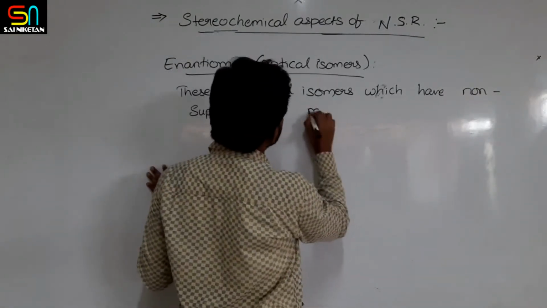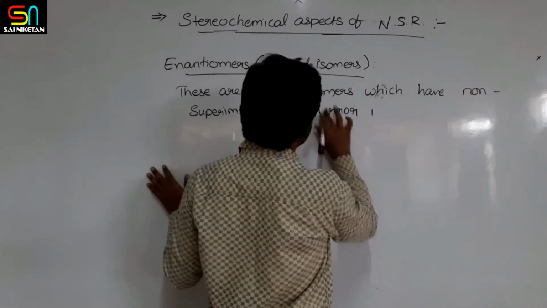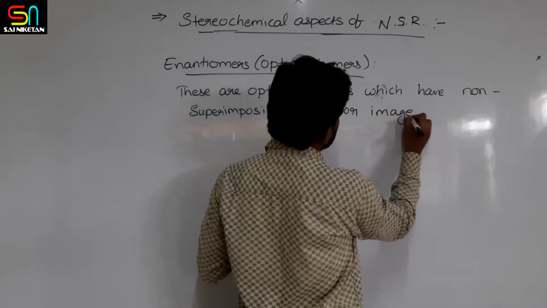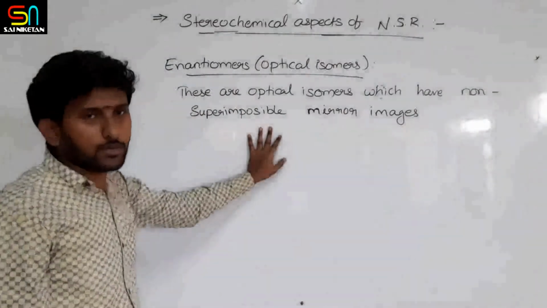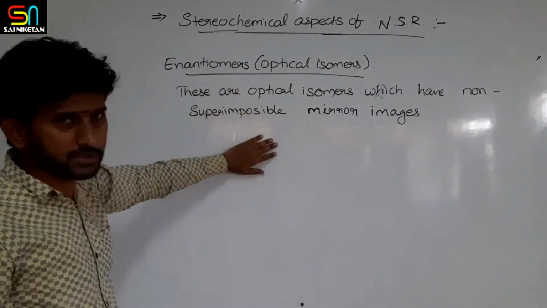So the optical isomers which are non-superimposable mirror images are called enantiomers.